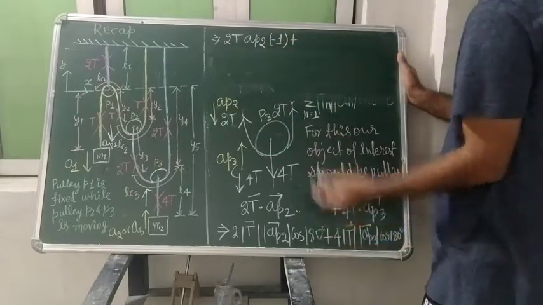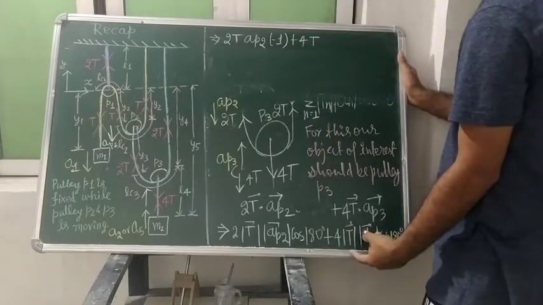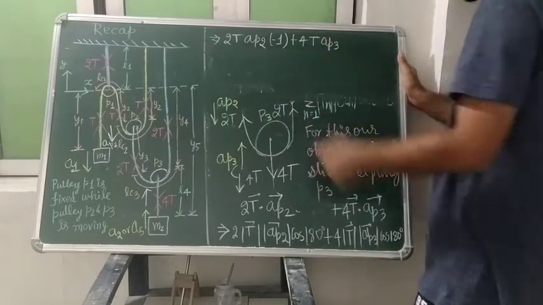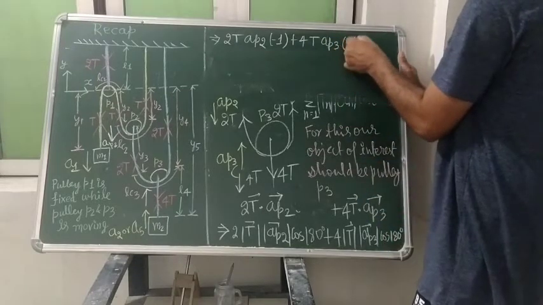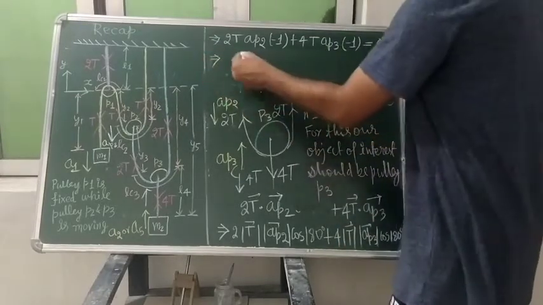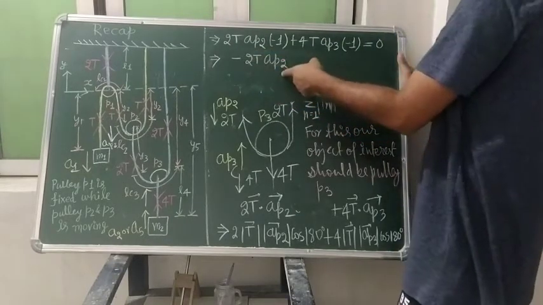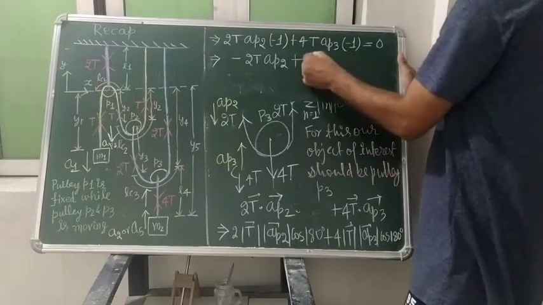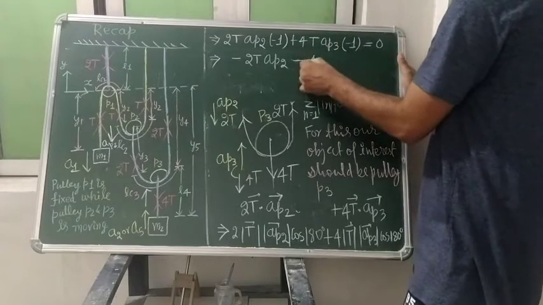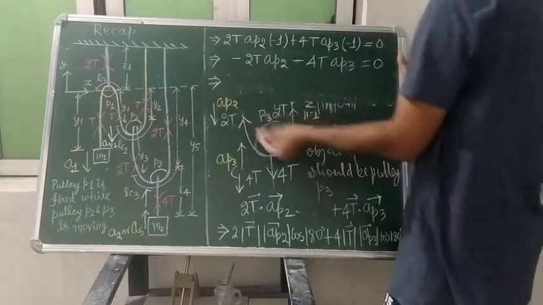Plus 4T, magnitude of the T vector is T, magnitude of AP3, and cos 180 will give you minus 1. That should be equal to 0. So from here we get minus 2T AP2, and plus it will become minus 4T AP3 equals 0.